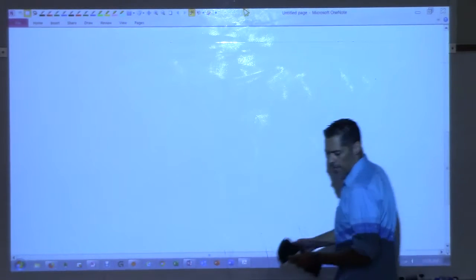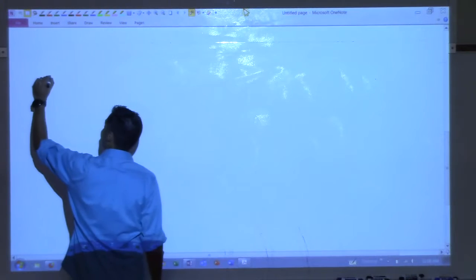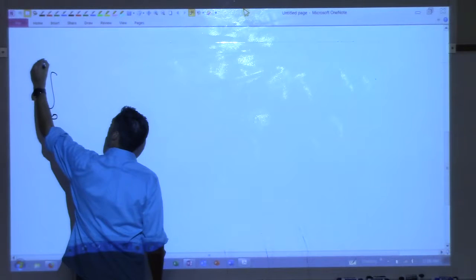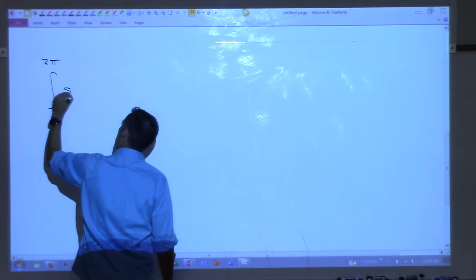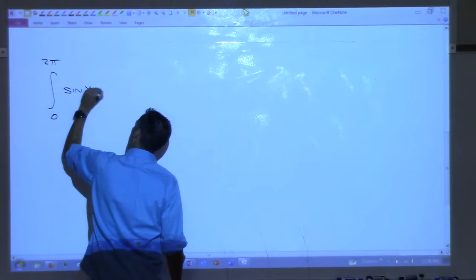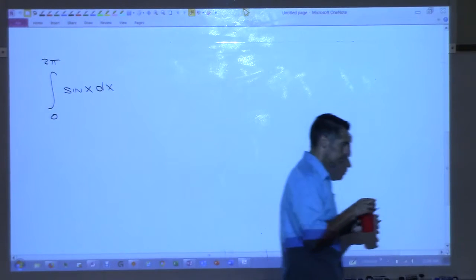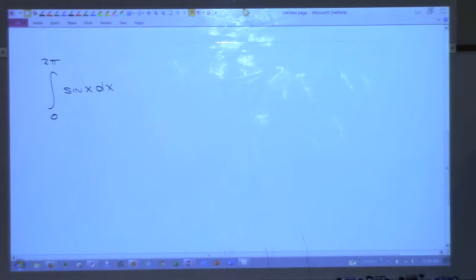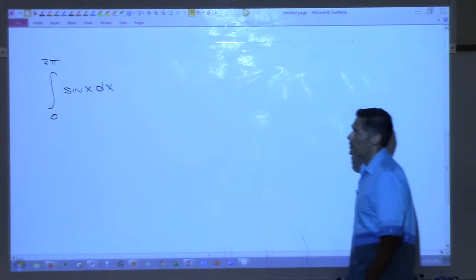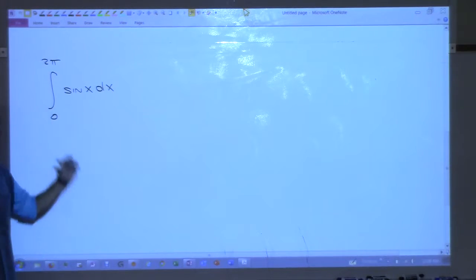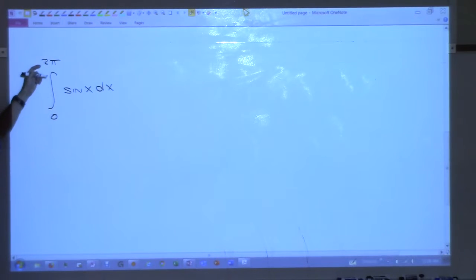So here's one we did not do last time. This is now a definite integral, right? Because we have these numbers, which we call the limits of integration.